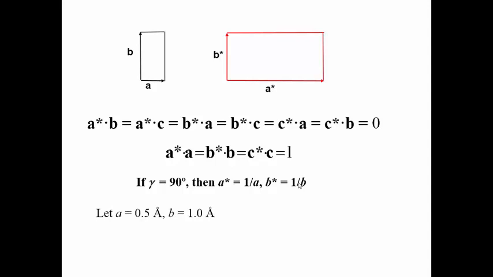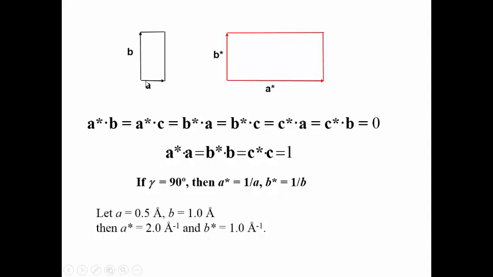We can put numbers on this, so if A is a half and B is 1, then A star is going to be the reciprocal of A, so the reciprocal of 1/2 is 2. The units are such that when you multiply them out, they have to be equal to 1, unitless, so we call the units of the reciprocal cell inverse angstroms, and likewise with B. B is equal to 1, 1 over 1 is 1, so we get that equal to 1.